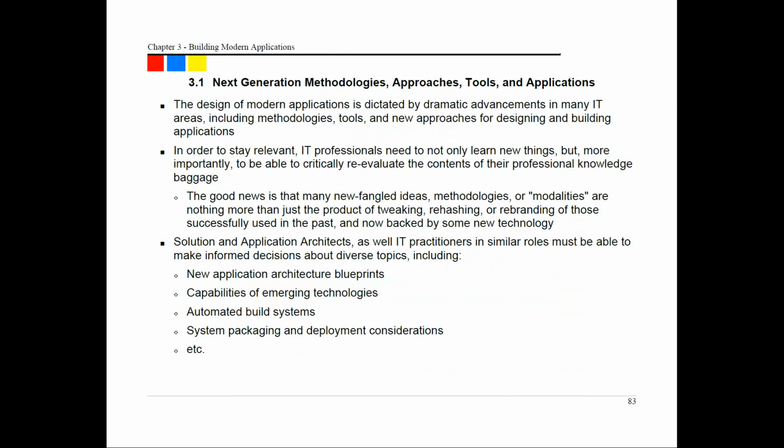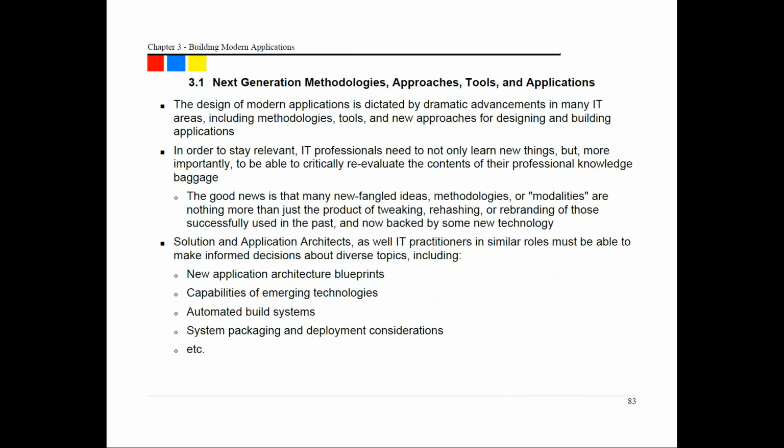In the past 5 or 6 years, really, it's been never-ending over the past 10 or 15 years, a lot of things have changed. New methodologies, new tools, new approaches for designing and building applications. We have seen a great acceleration of delivery cycle times, to the point where a lot of organizations are now saying, with some decent evidence, that they're delivering solutions and delivering updates and bug fixes on a daily basis.